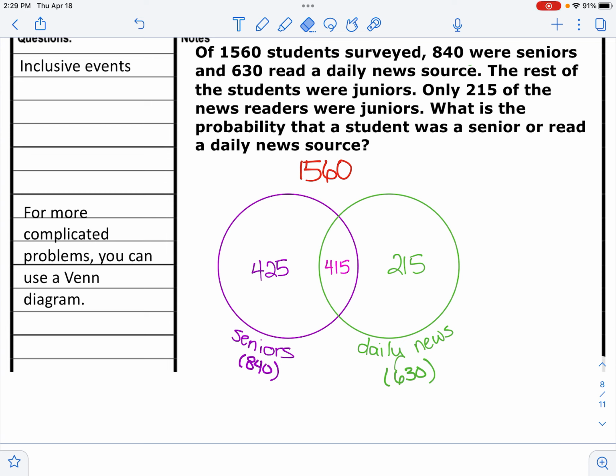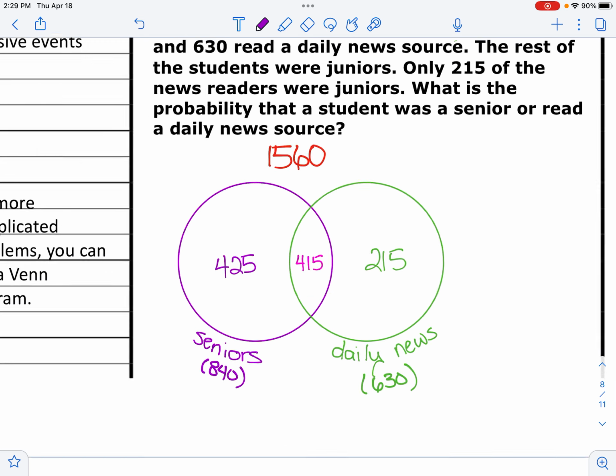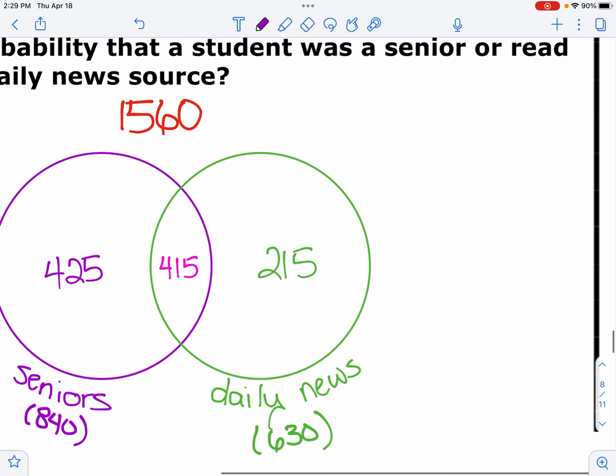Now, what is the probability the student was a senior or read a daily news source? Now, if you do the Venn diagram and you've separated it out, you're not double counting. So you can just use these numbers here and add them up. If you add those numbers up, 425 plus 415 plus 215, you get 1,055.